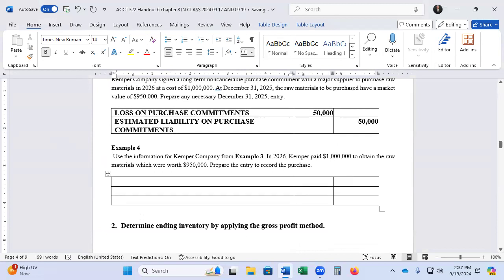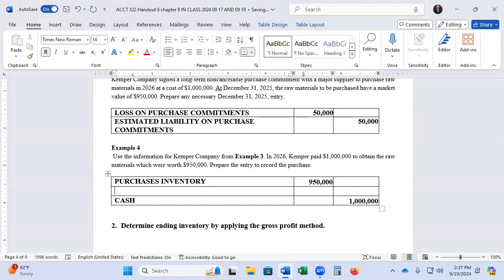Okay. Pretty straightforward example. Using that same information, now we're going to pay for it. We know that we're going to be giving up cash of $1 million. We want to eliminate the liability, but also record the purchase. And so that would be for 950,000.